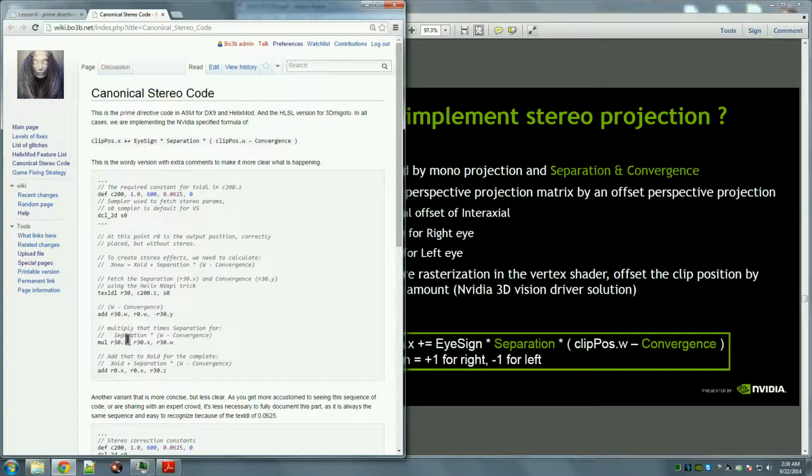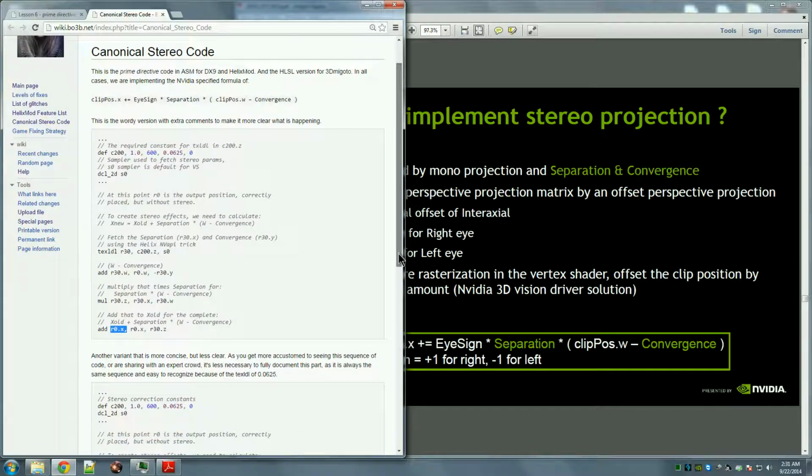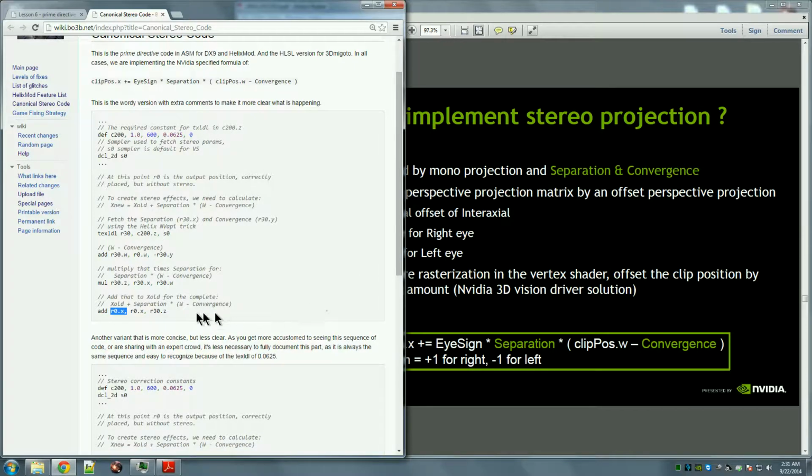Then we add that and put it back into the original R0.x. So we add our R30.z to the original R0.x to create the final R0.x, which means that it's fixed. That's all the formula is actually doing, and we apply that whenever we think we need a stereo fix.